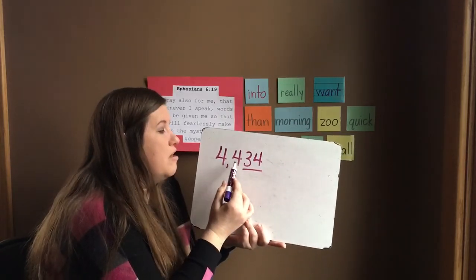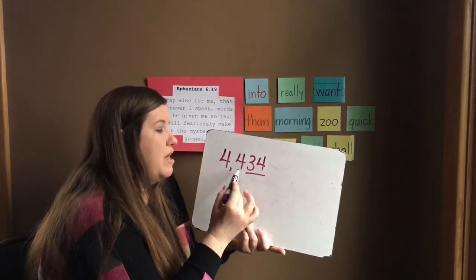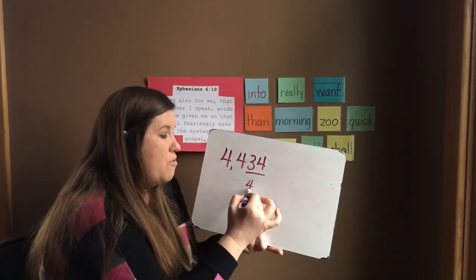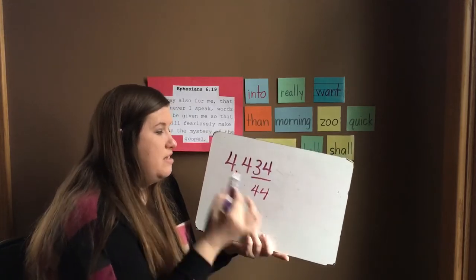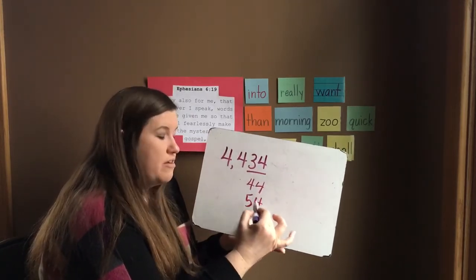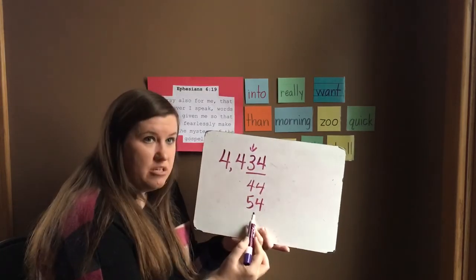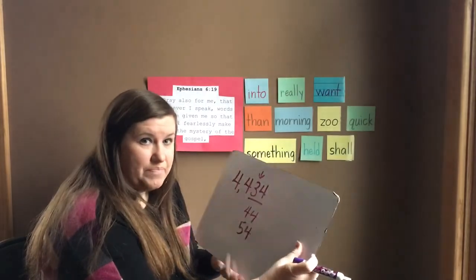So 4,434 plus 10 would be 4,444 plus 10, 4,454. You see how they're climbing up just by 10. So just look at the place values that you need to. Don't get overwhelmed on that, okay?